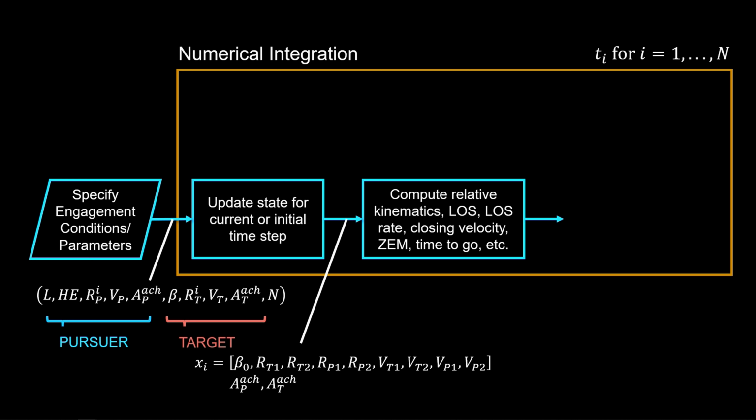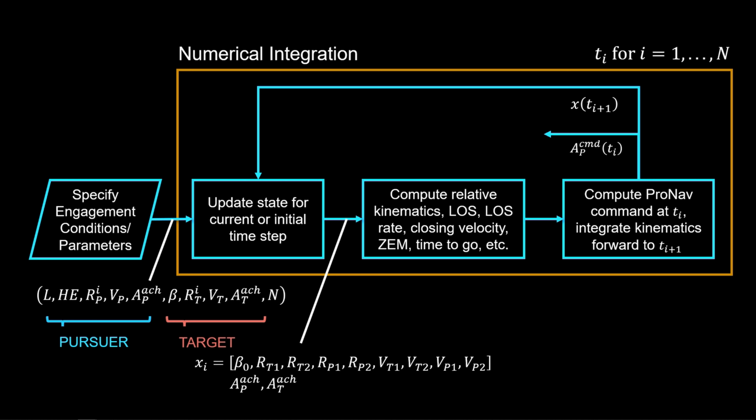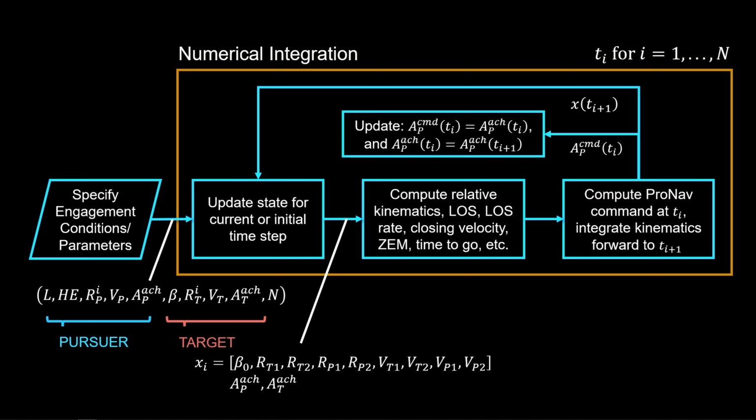We then compute the acceleration command from guidance, substitute it into the governing equations, and integrate forward one time step. This produces the state vector at the next time step, but we also need acceleration at the next time step. So we feed the acceleration command into a vehicle response model. However, here we assume that the vehicle response is ideal, so that the commanded acceleration is instantaneously achieved, and it's assigned at the present time step.